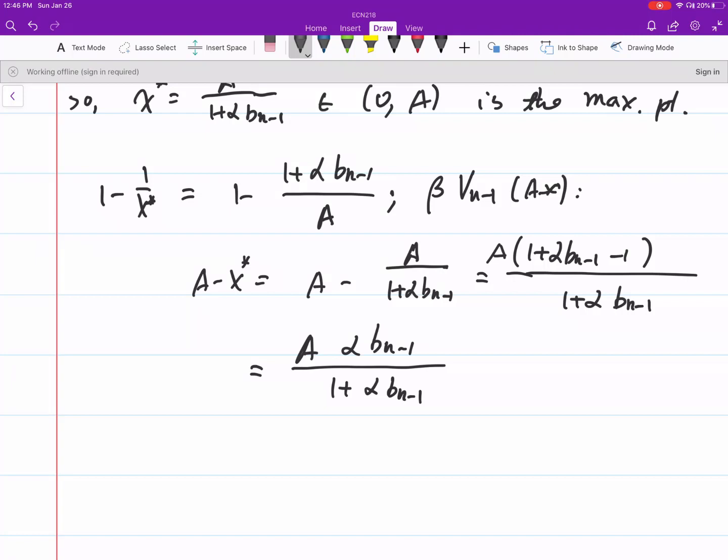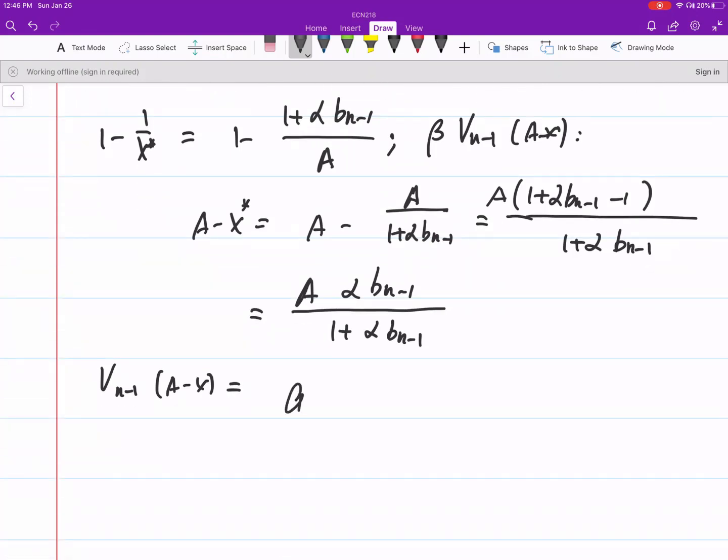And what do we do now? So we want to find what's going to be v_{n-1} of a minus x. According to our assumption, this is going to be a_{n-1} minus b_{n-1} squared over a minus x, right?